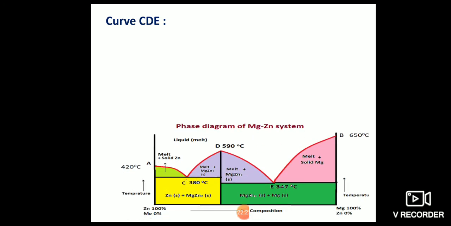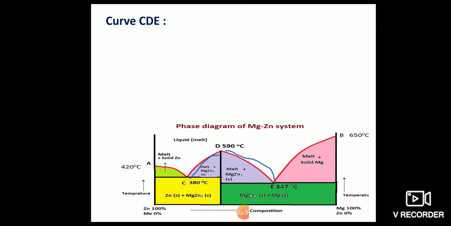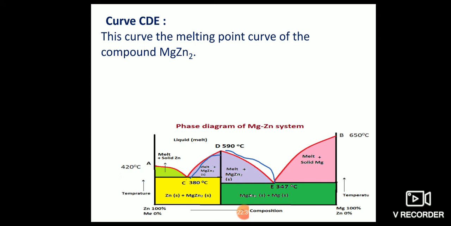Now, coming to the curve CDE. Where is CDE present? C, D and E. This is the curve CDE. Now along this curve, what is happening? This is the melting point curve of the compound MgZn2.